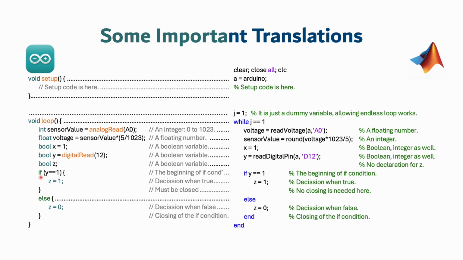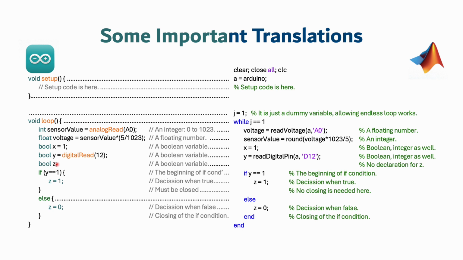In the Arduino IDE, if y equals 1, which means that a metal is being detected, the value of z is equal to 1. If not, z is equal to 0. So this is the decision made based on the existence of metallic stuff.